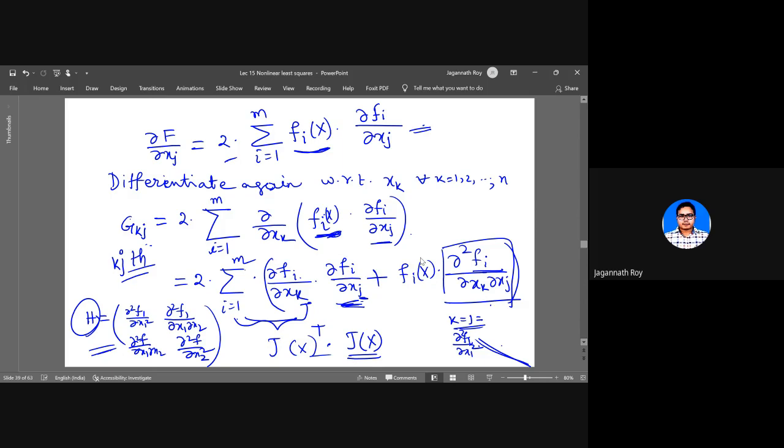But it has sigma f_i multiplied, x_i is multiplied here. So we have to rewrite this expression.